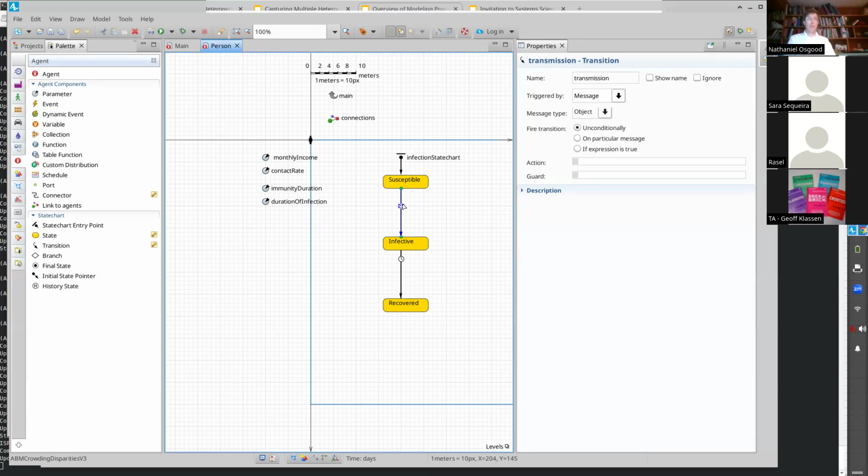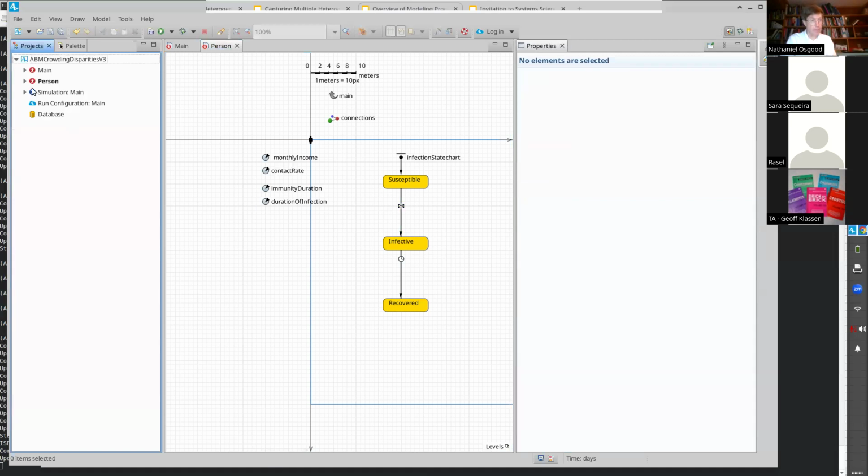And these possibilities will be called message types. Okay. So I'm going to go over here to the model, over here in the projects window.